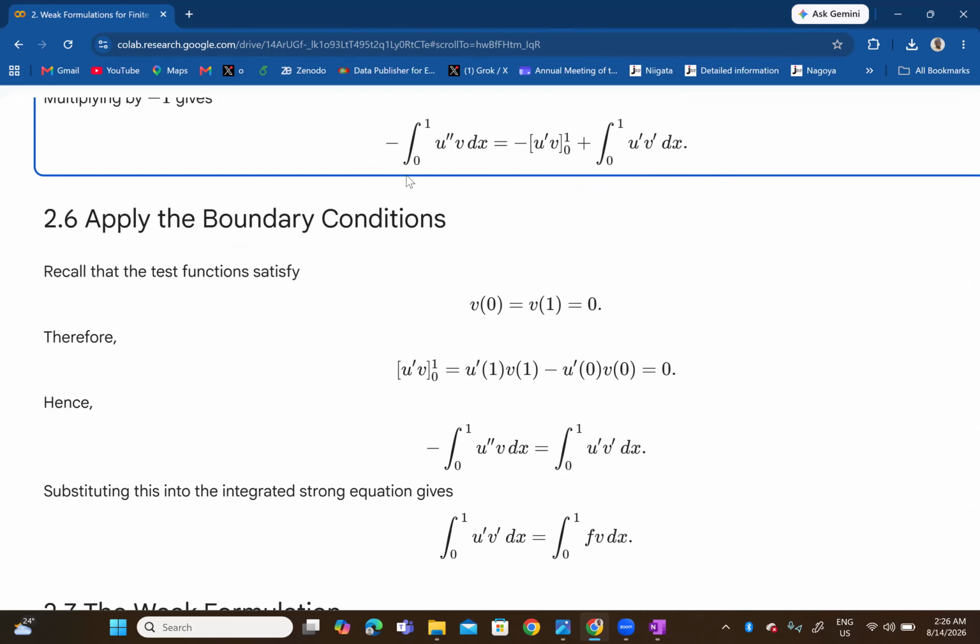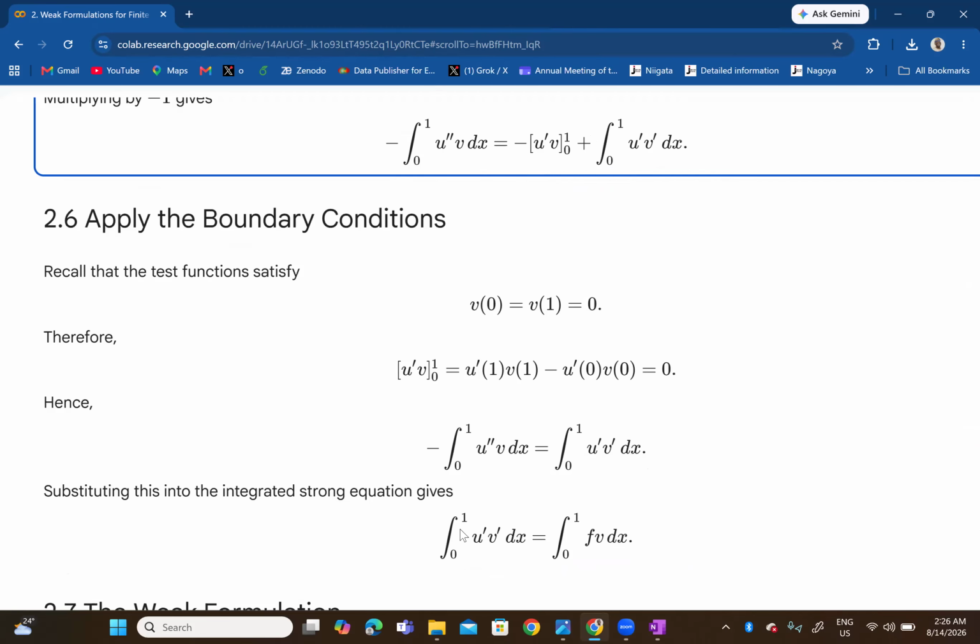And then what do we have left? Minus integral from 0 to 1 of u prime prime v dx, and that is equal to integral from 0 to 1 of u prime v prime dx. And then substitute this into the integrated strong equation, right, so then we had u prime prime v dx, and then all of that.